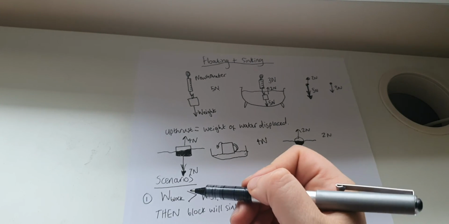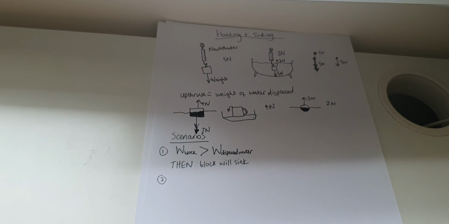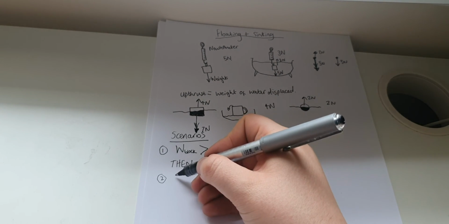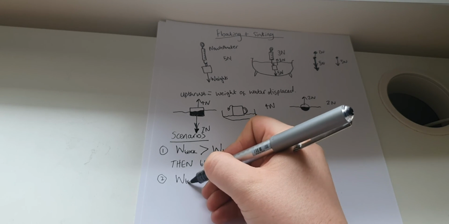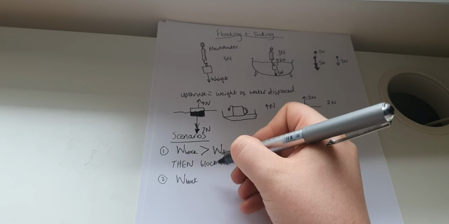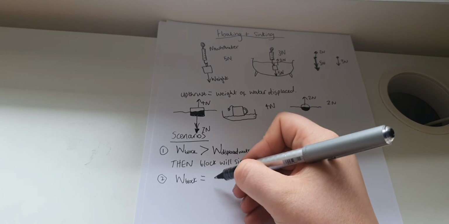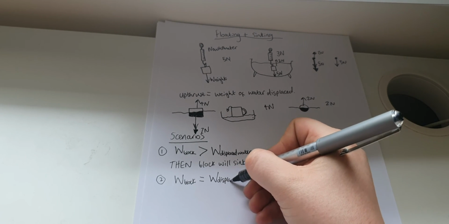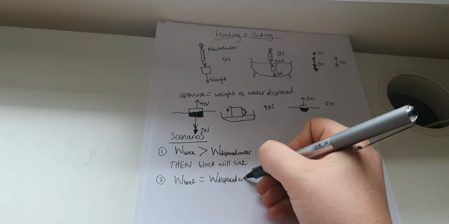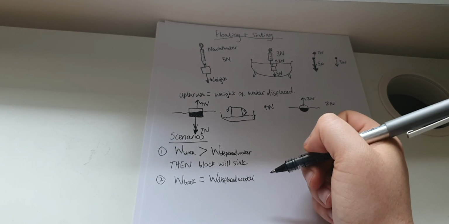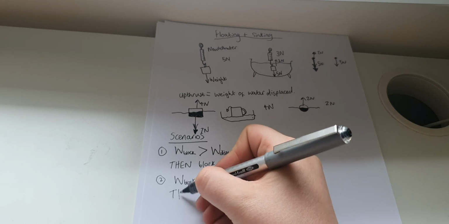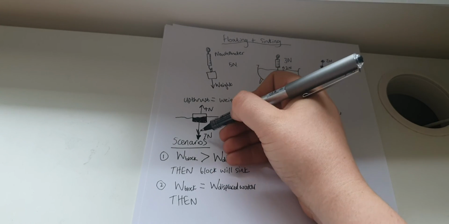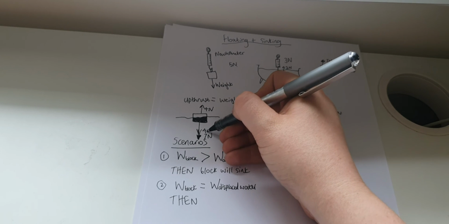Scenario number 2. Let's say the weight of the block equals the weight of the displaced water. What do you think will happen if instead of 7 newtons, this was 4 newtons?